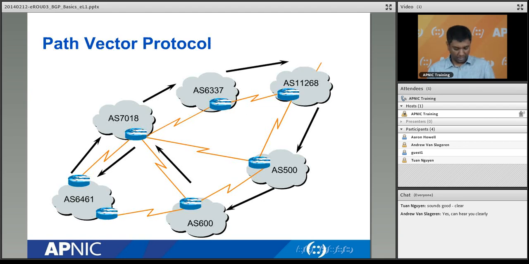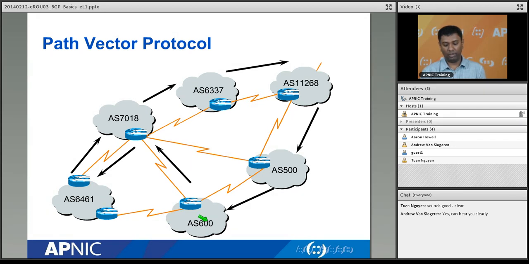So this is an example of path vector routing. Let me just grab a pen. For example, if a prefix has been originated in AS 6461, as you can see, AS 6461 is connected to AS 600, and on the other side AS 7018.